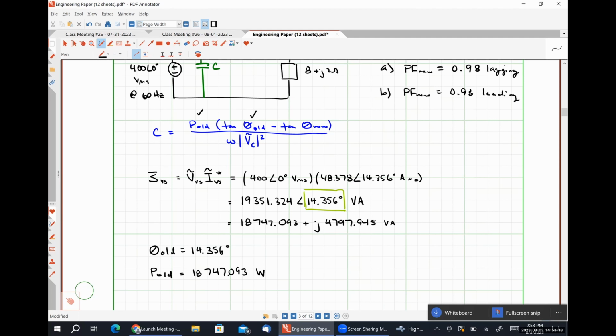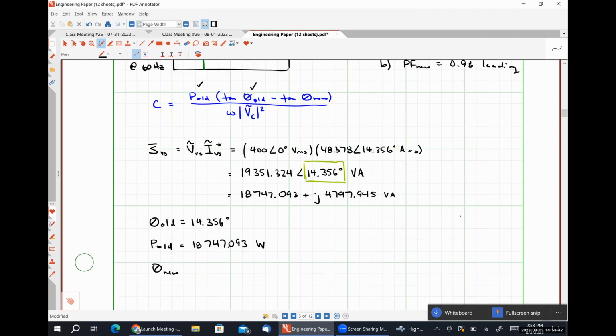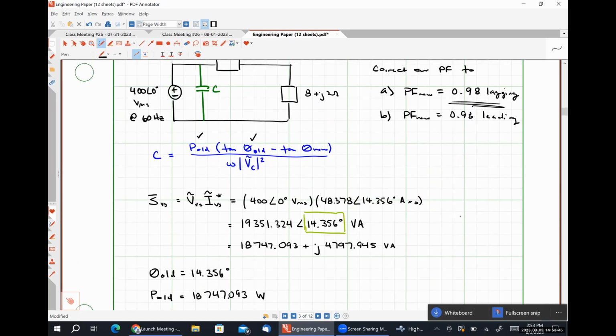So theta is an angle. Yes, you're right. Because we haven't yet applied our power factor correction, we don't know what theta nu is yet. In order to find it, we have to get the power factor.